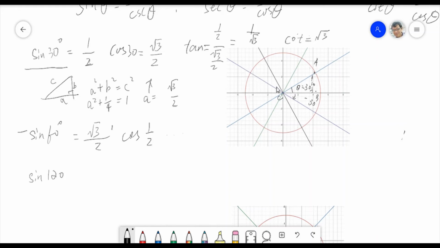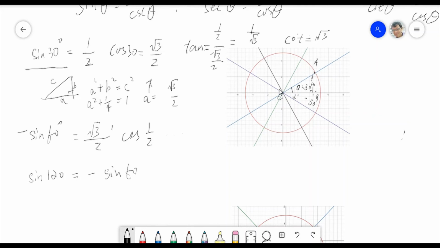They will fall on the same line, 120, right? The difference is x is negative. X is negative, right? So we can treat sine 120 as a negative, right? A negative sine of what?